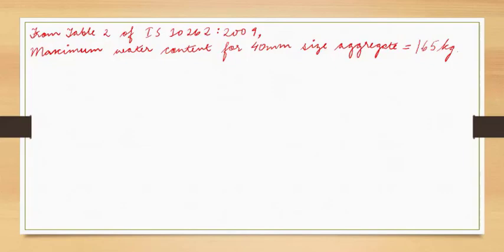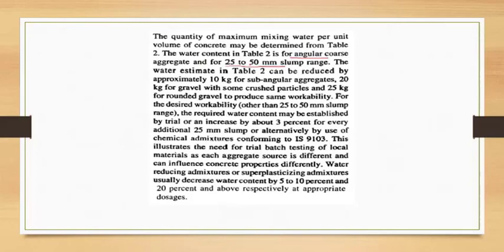Now let us come to the adjustments. First is for the shape of the aggregate. So what is the shape? Shape of aggregate. In my question it is given as rounded. So what will the adjustment be? The adjustment is given in clause 4.2 of IS 10262-2009, and the adjustment is a reduction of 25 kg for rounded gravel. So from what we got, we have to subtract 25 kg.